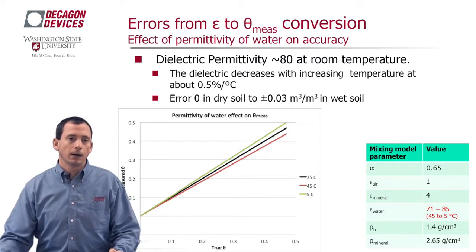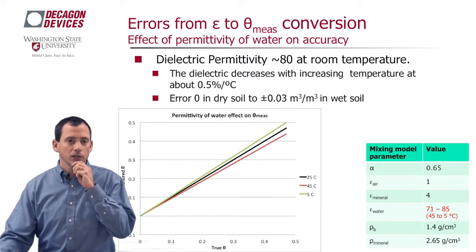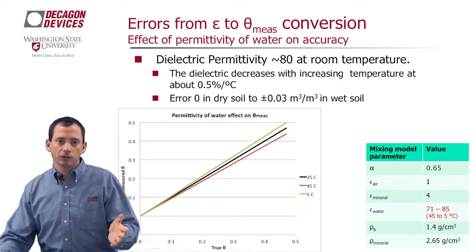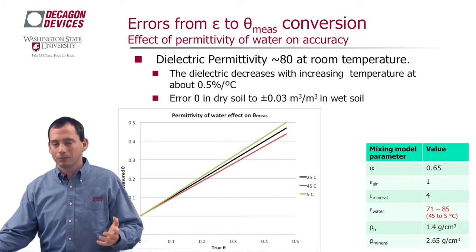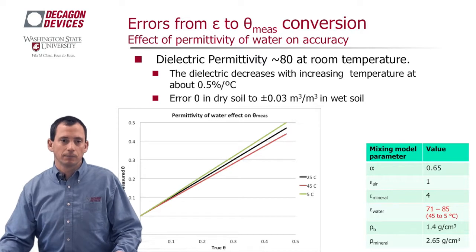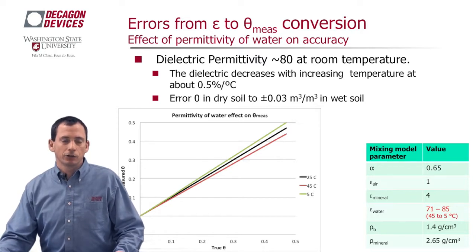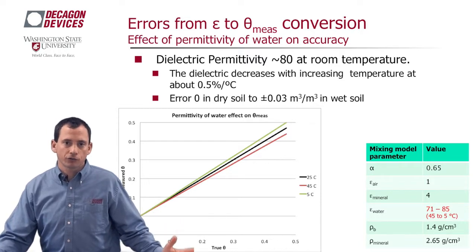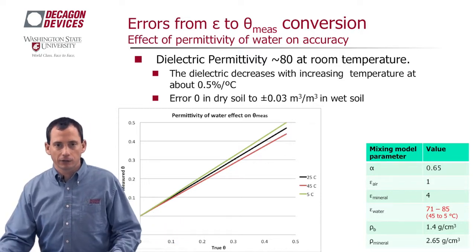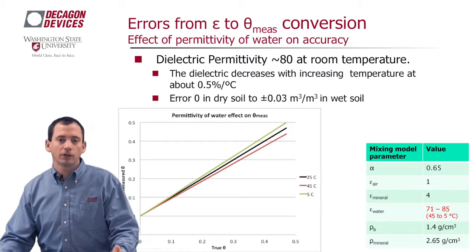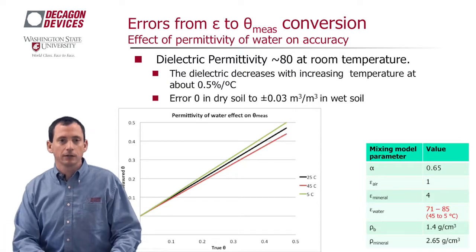But as you go higher up in water content, you can see that for a range of temperatures from 5 degrees C to 45 degrees C, which may or may not be a typical range that you'd see over the course of a year in your soil, but it may be, then you're talking about plus or minus 3% water content error just from the temperature sensitivity of the dielectric permittivity of water. Okay, so you're starting to get a sense now of how much error these different factors can introduce into the measurement.